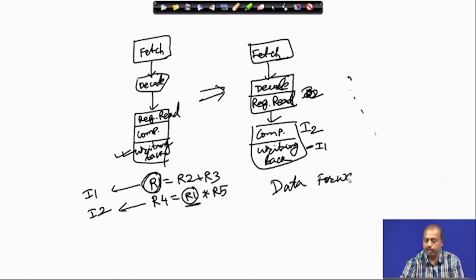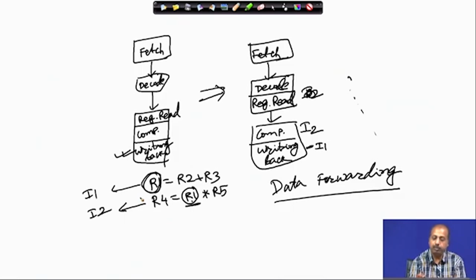What happens is that when the compiler sees a situation like this, where some operand value being used is not yet stabilized, so the destination does not have its value yet, between the stages there should be some way by which this data is forwarded. So, this ALU output R1 should somehow be fed as the operand for the next instruction.